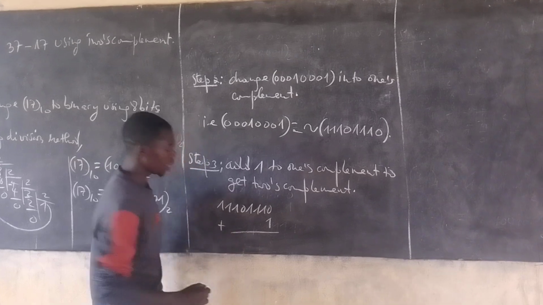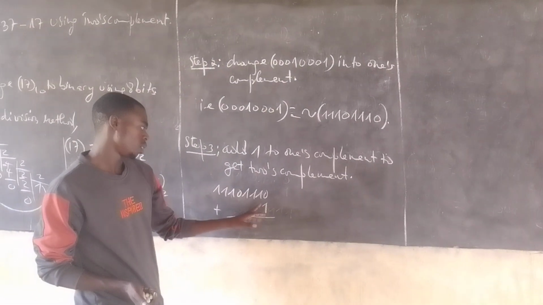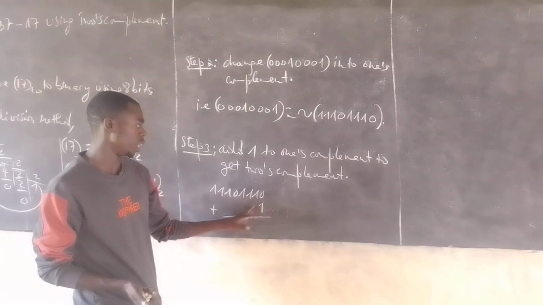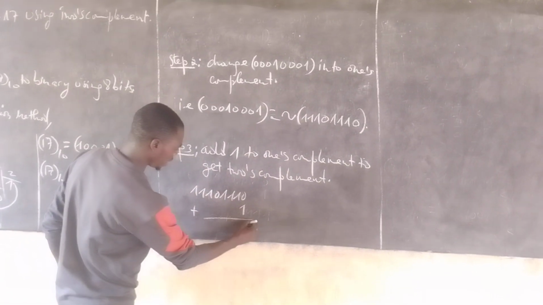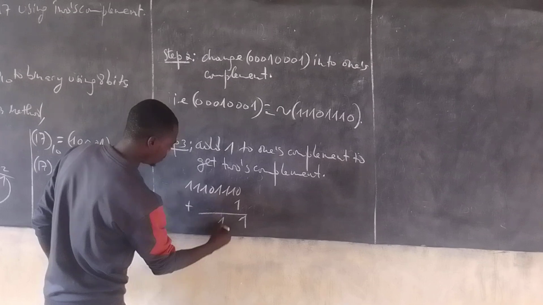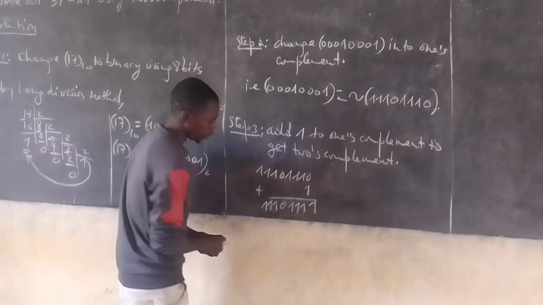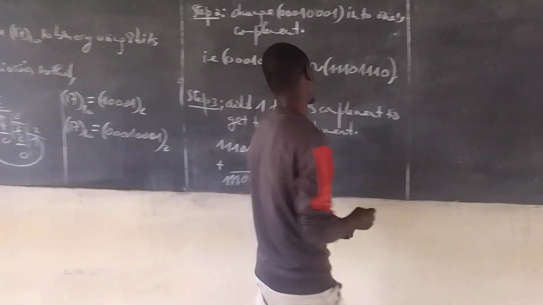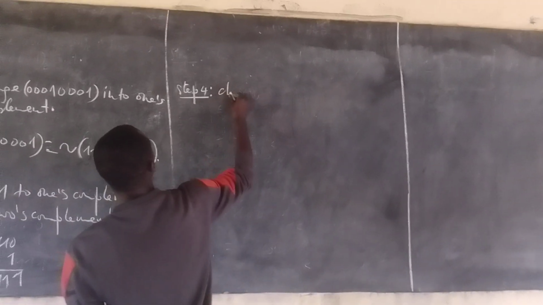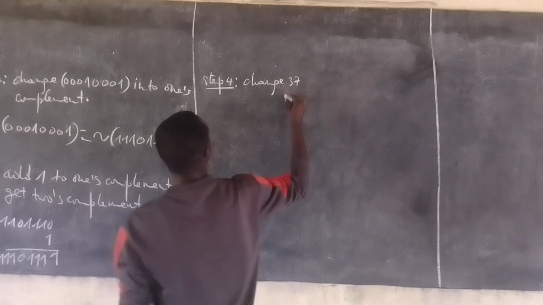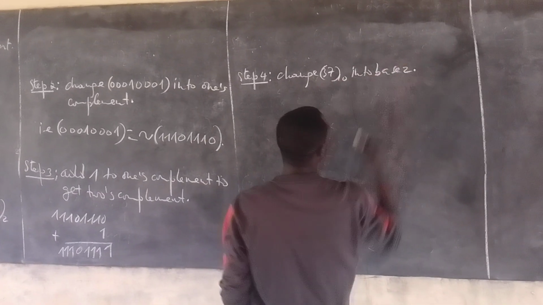So now, what you have to remember is to change 37 into base 2.